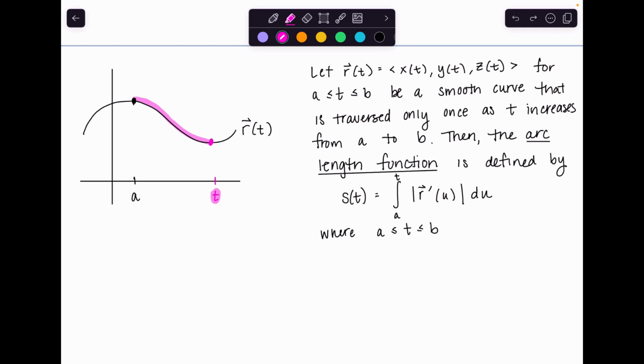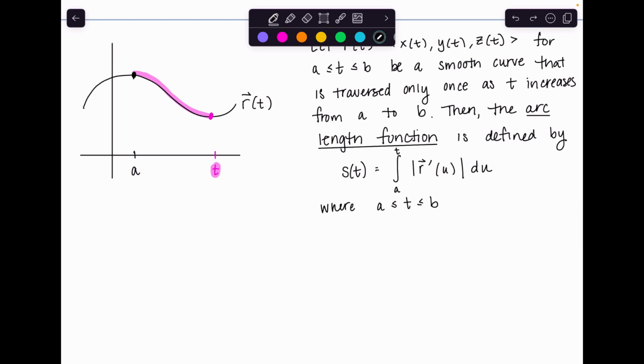So we actually come up with a new notation. Notice, if I take the derivative of this arc length function with respect to t, it cancels the integral out, and it just replaces u by the variable we differentiated with respect to.